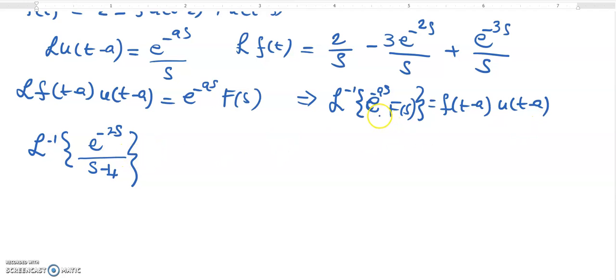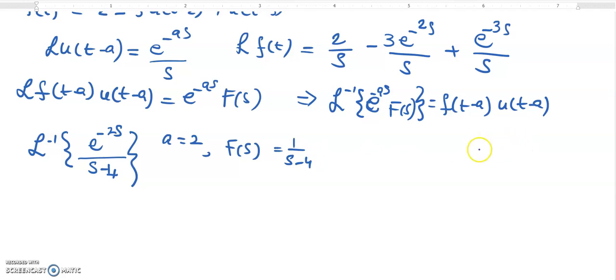If I now compare this Laplace inverse problem with this, then I can see that e power minus 2s corresponds to e power minus as. So a will be equal to 2, and then F of s corresponds to everything else. So F of s will be 1 over s minus 4.